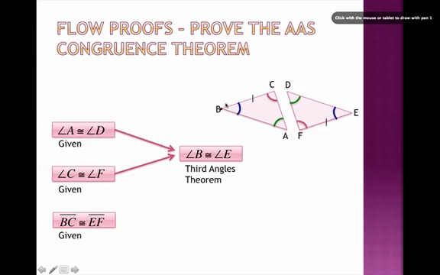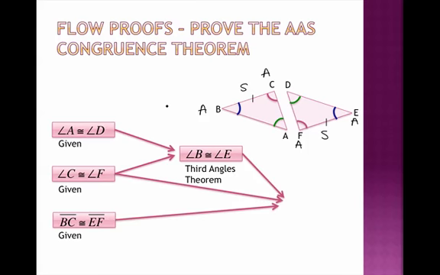So if we take a look, this would be an angle that we have congruent over here, a side that we have congruent over here, and another angle. So we know that we already have congruent triangles because this is our angle, side, angle postulate. And remember, we don't have to prove the postulate.